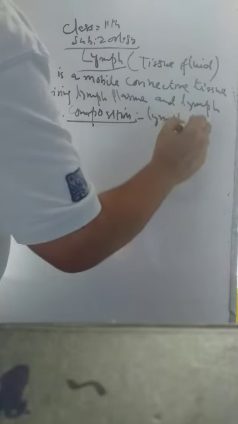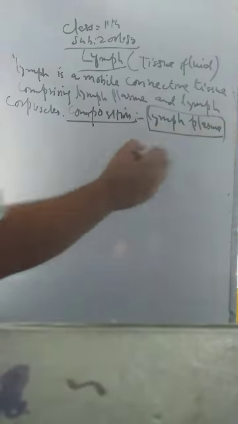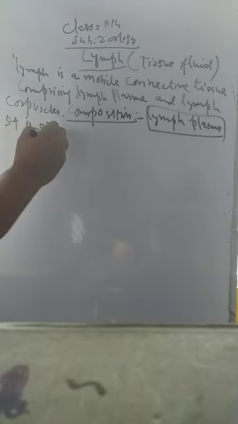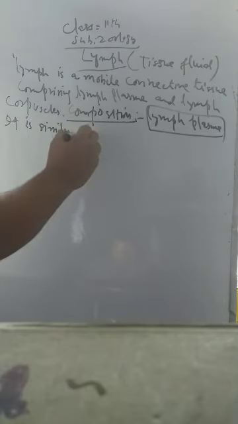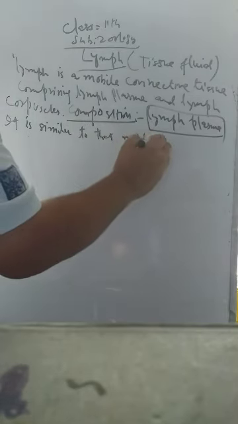Lymph plasma is similar to that of blood but has fewer blood proteins.